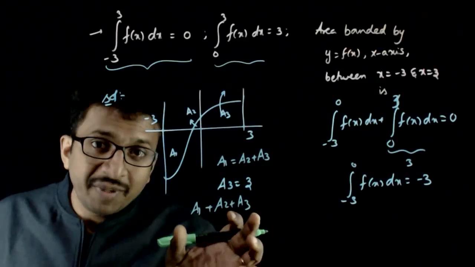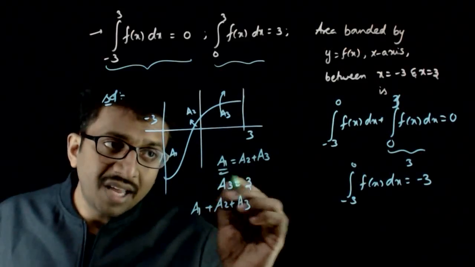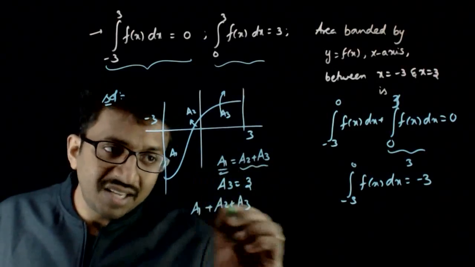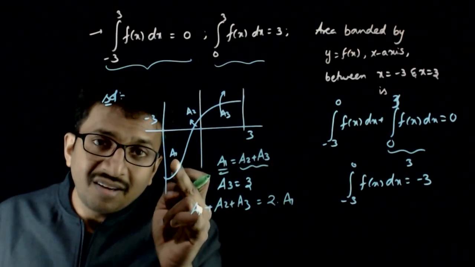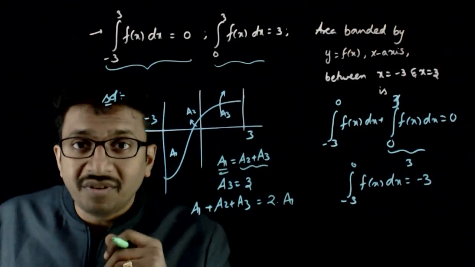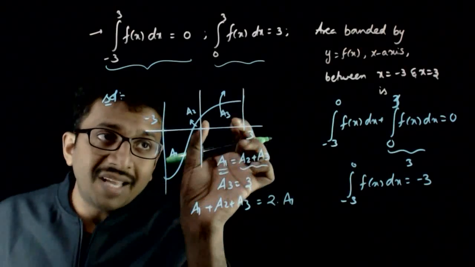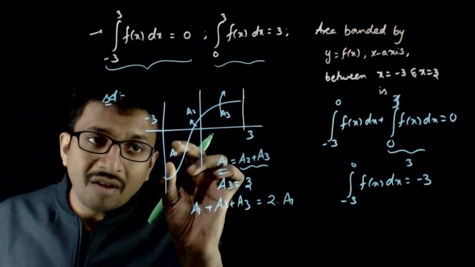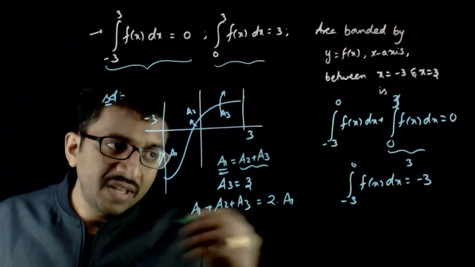So will this always be equal to 6? Let us see. A1 can be written as A2 plus A3, so the total is equal to 2 times A1. But A1 need not always be equal to 3, because it is A3 that is equal to 3. A1 can be any number depending on how the graph is.